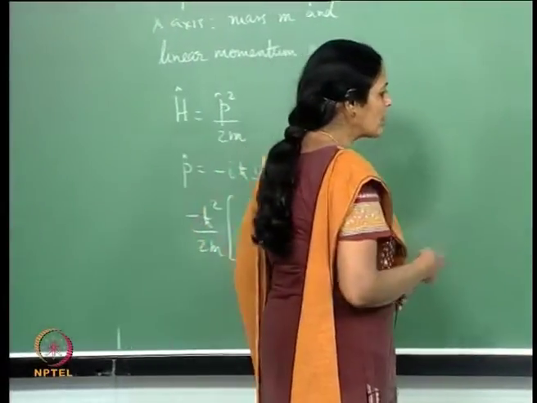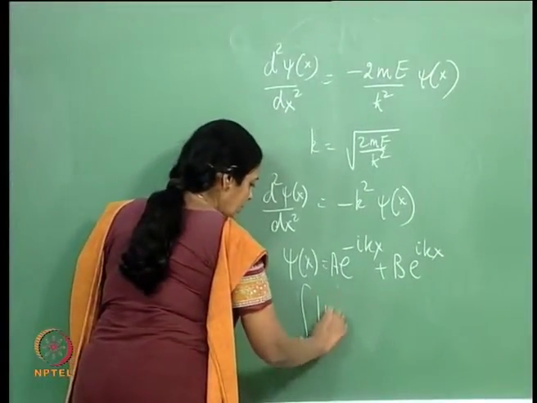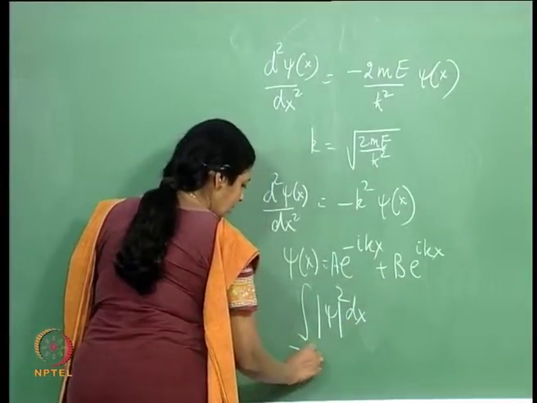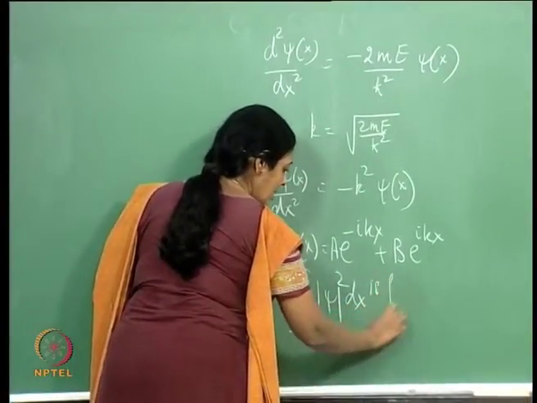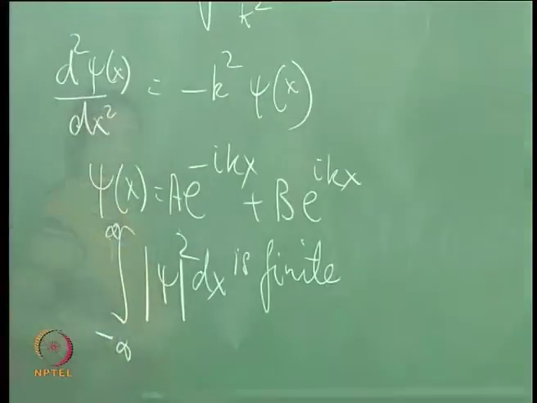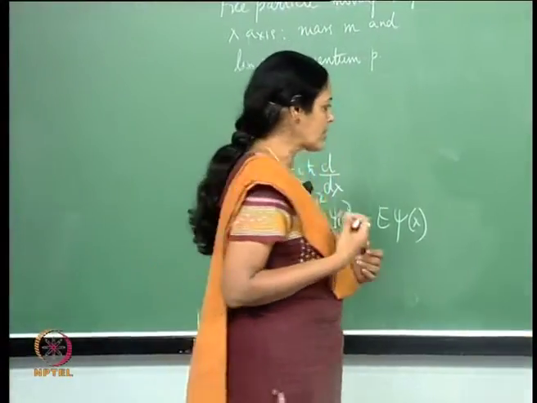Now, there is a probabilistic interpretation to all this, and since I do require that the integral of modulus of psi squared dx is finite, otherwise psi is not even normalizable, I am working in the space L2, which is the space of square integrable functions.